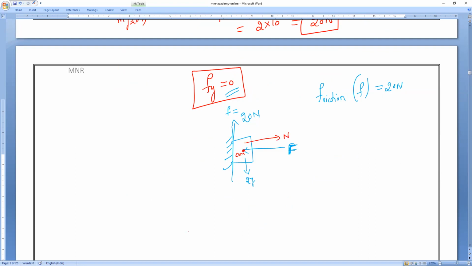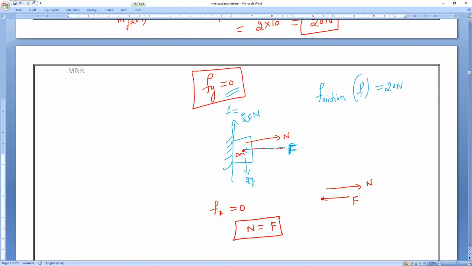Imagine this is my normal reaction. Fx equals 0. The force is acting like this and the normal reaction is acting like this. If it acts along the center of mass, then N equals F and the torque equals 0.